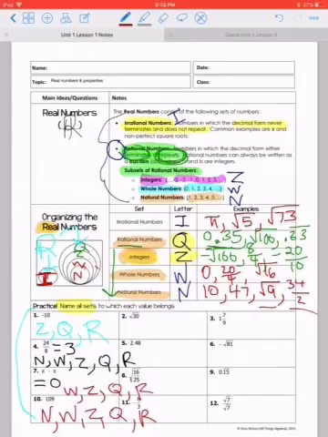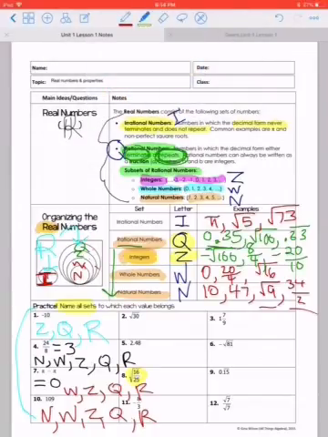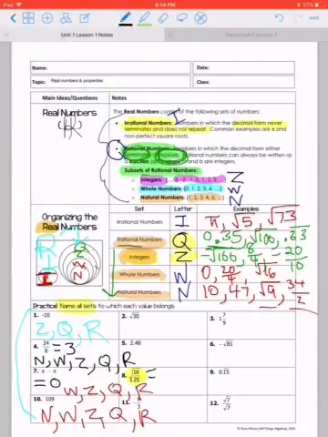I just want to do one more that is, well, let's do number 8. Okay, and you'll see what it is. So number 8 is the square root of 16 over the square root of 25. Okay, simplify that, and you should know, hopefully, that you can take the square root of the top, which is 4, over the square root of the bottom, which is 5. So that simplifies to 4/5.